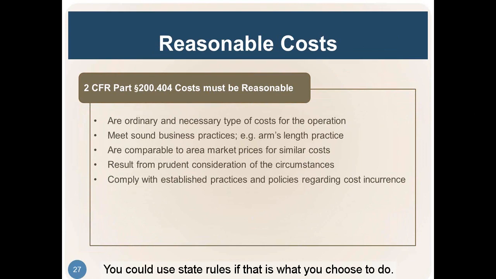You could use state rules if that's what you choose to do. You'll get a lot of pushback, that's for sure. But in general, one of the things to consider is whether this is being evenly applied to all of our agencies that handle our federal awards. Would it be right for you to do that for LIHEAP, but not for other things that are in the state wheelhouse, like CSBG or weatherization or TANF?